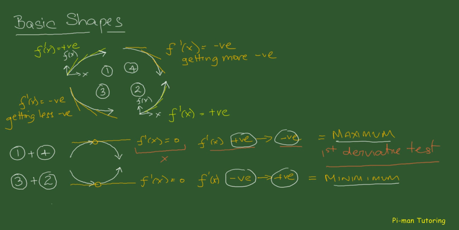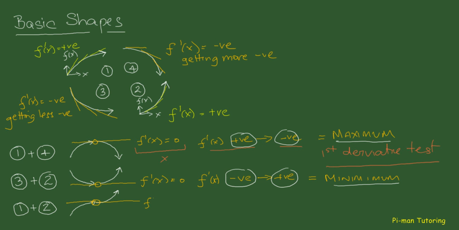Now you could have a third type. You could have 1 combined with, let's say, 2. So we're going to have a shape like this for 1, and then it's going to turn into a shape like this for 2. Now again, when you do the derivative of the function and you look for zeros, you'll pick one up at this point where the graph changes direction.